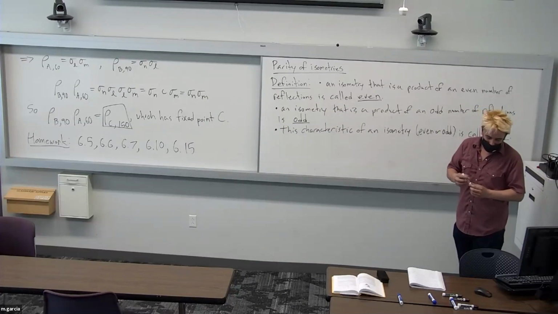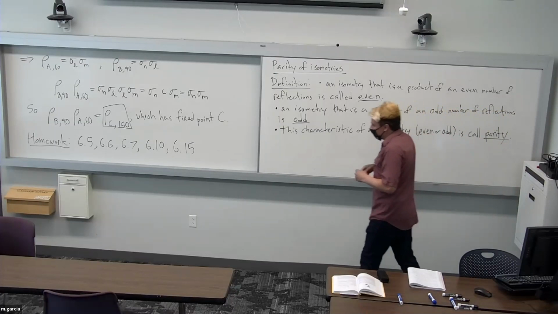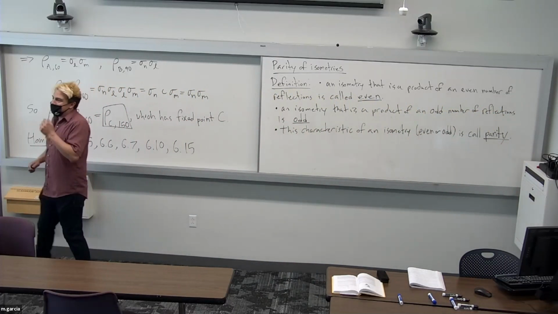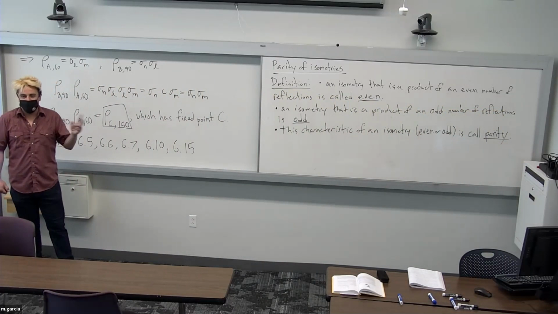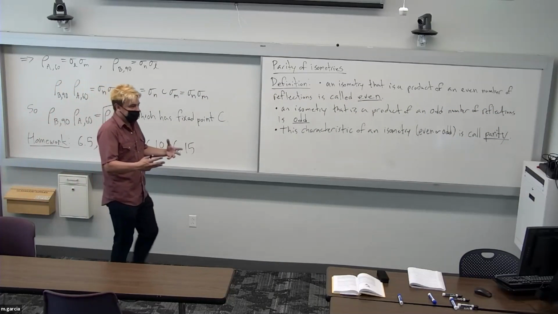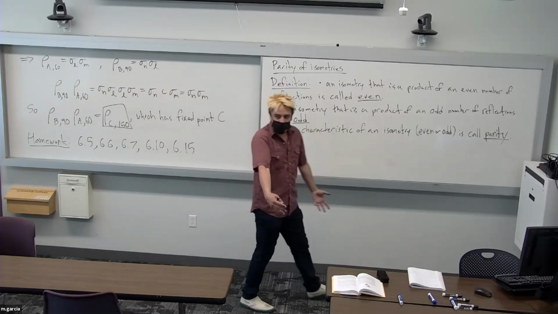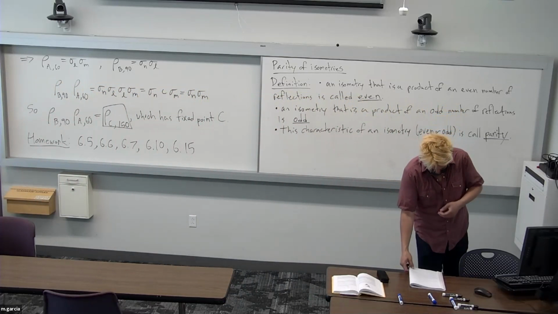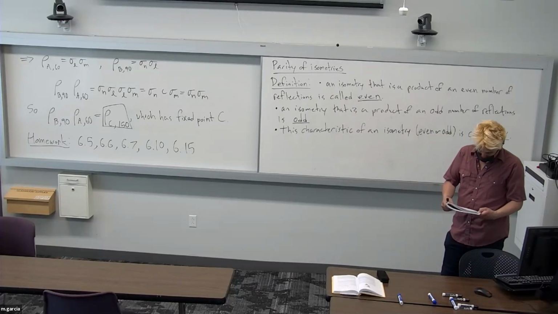Okay. So, right, what we have to do is show that an isometry cannot be both even and odd. That it's actually a partition of the set of all isometries. Okay?